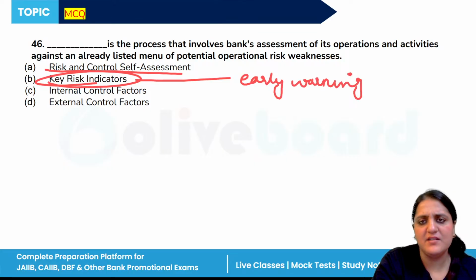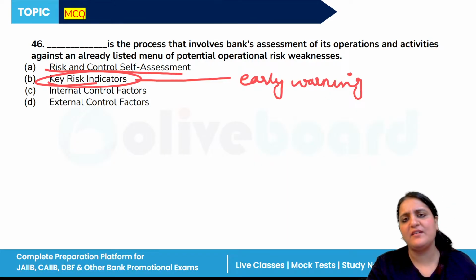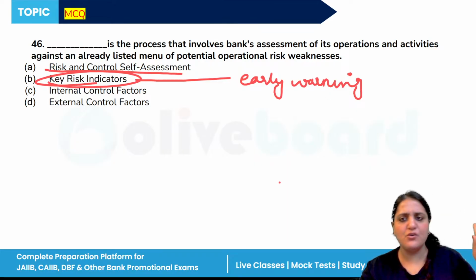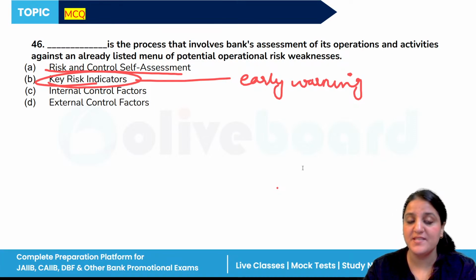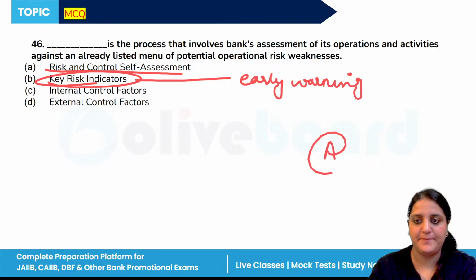Internal control factors are what the bank can do at its internal level, and external control factors are controlled externally. But the RCSA is the internal process where the bank evaluates operational process controls against a predefined menu of operational risks. It helps identify the gaps and prioritize the mitigation measures. So the correct answer is option A.